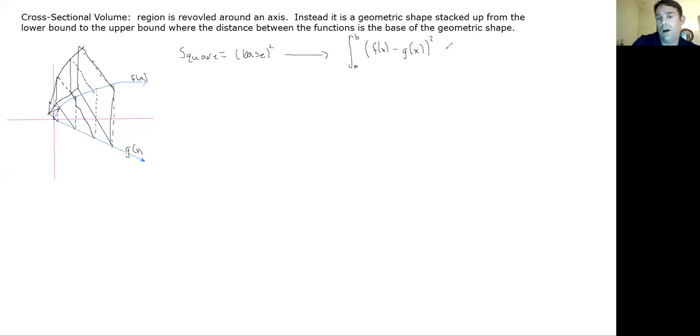Notice, in cross-sectional volume, you subtract the functions first, then square them, whereas before with the washer method, we squared each function and then subtracted. So that's the biggest difference that plays out here.